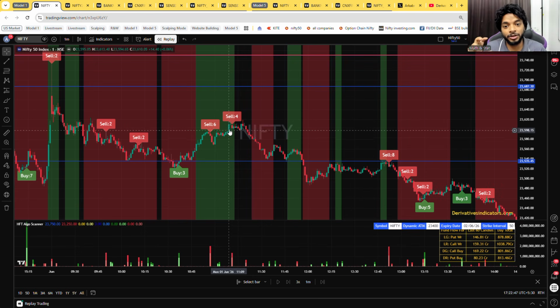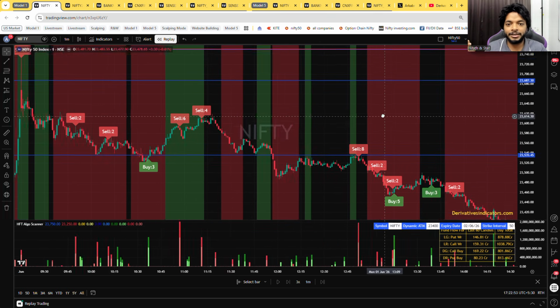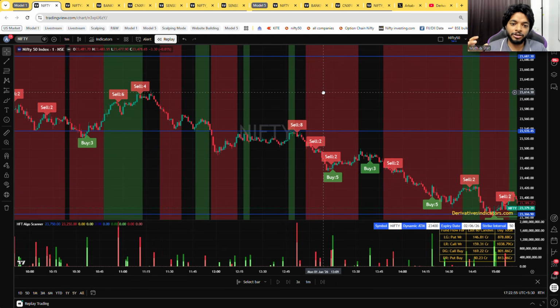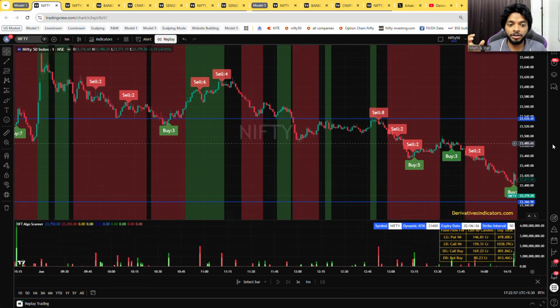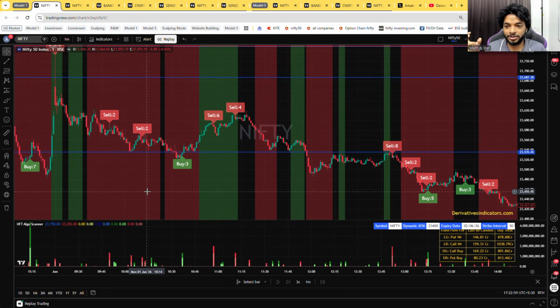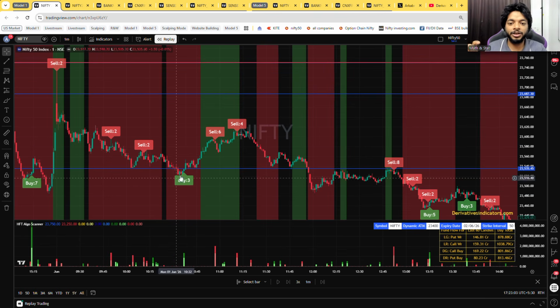It showed us that some big institutions are taking short positions right at the top, and that top was made and the market came down. So right at the top or almost right at the bottom, you're getting the signal for the reversals. That's why it's unique of its kind.